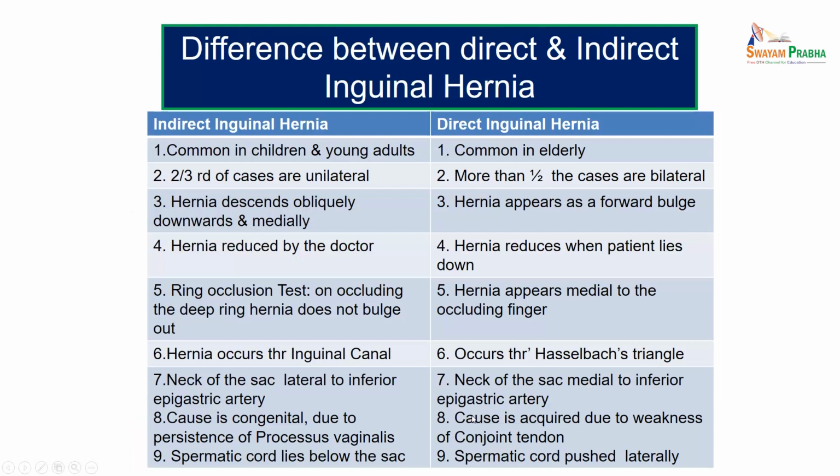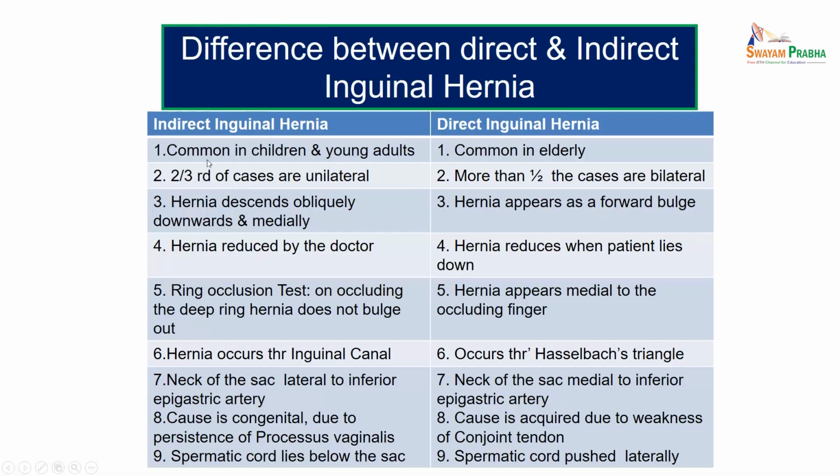So, we will just look at the summary of the difference between direct and indirect inguinal hernia. Indirect inguinal hernia is common in children and young adults, but direct is common in elderly persons. Indirect inguinal hernia, two-thirds of the cases are usually unilateral, but in direct, more than half of the cases are bilateral.